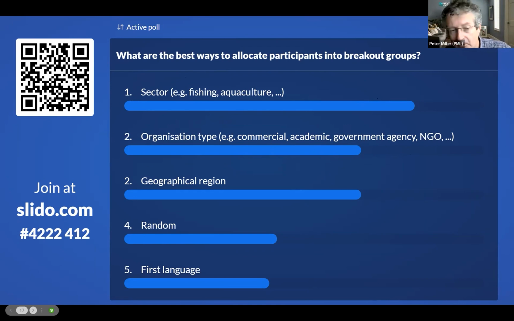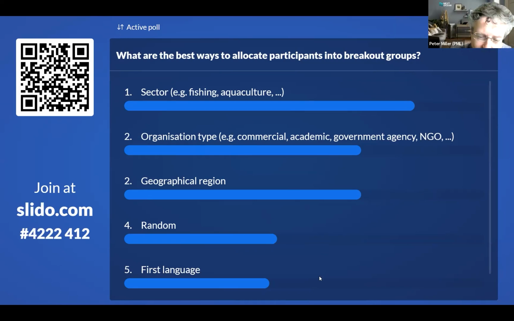It could be a benefit to have those kind of people talking together. But then again, sometimes you might appreciate completely different viewpoints in the same room. And then geographical region. Language, we thought there might be a few ethical issues in dividing people up by different language, but yeah, I think this is good information. Thanks for giving your views on this.